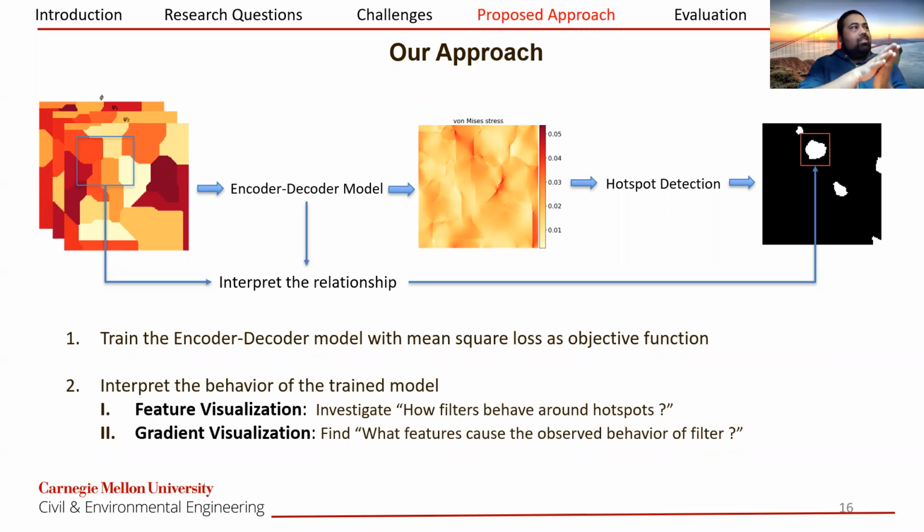Gradient visualization should tell us that if I want to see this hotspot, what regions of the microstructure are causing it. A similar thing is used in CNNs, where they use gradient based schemes like guided back propagation. We want to use something similar to observe these kinds of relations from this encoder decoder.